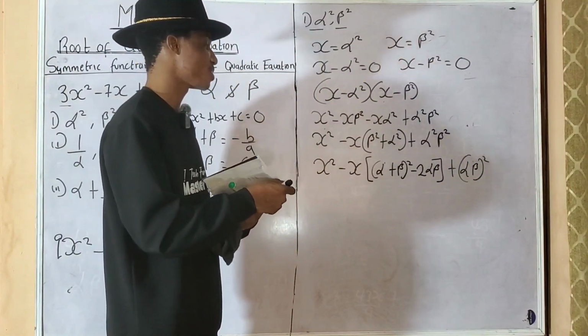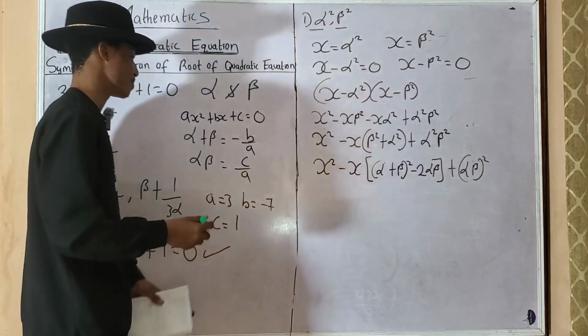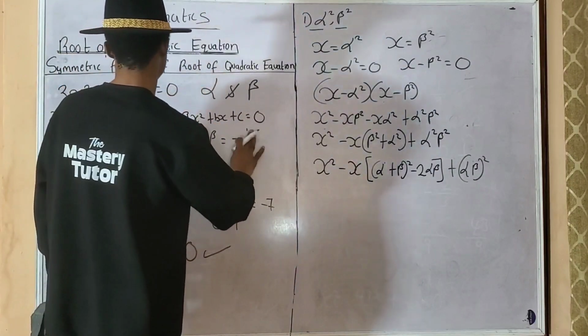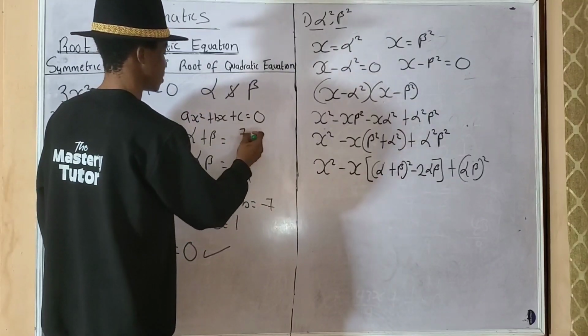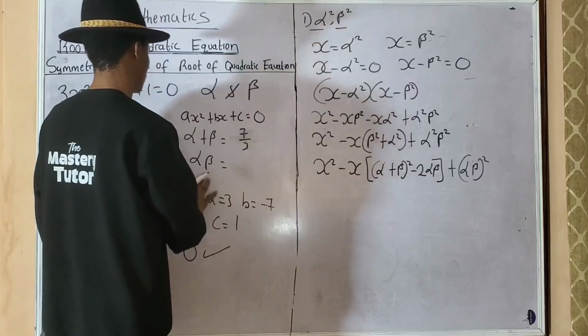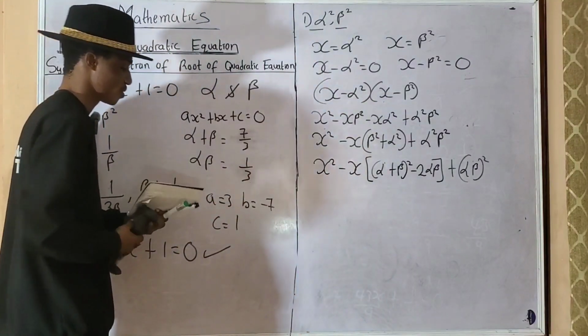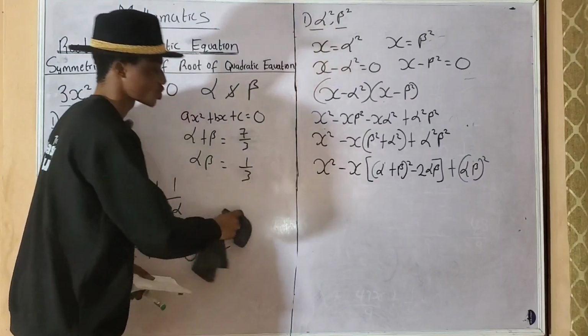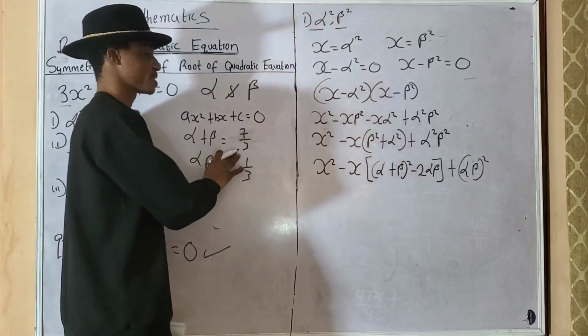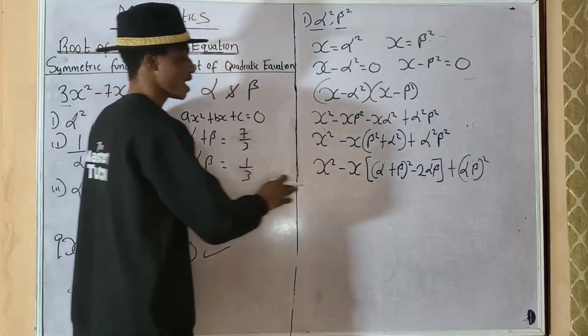Okay, so when you get to this point, don't forget that alpha plus beta is 7 over 3, right? 7 over 3, and alpha beta, which is the product of the roots, is 1 over 3. So I'm going to substitute the value of alpha plus beta as 7 over 3 into this, and the product of alpha and beta into this.